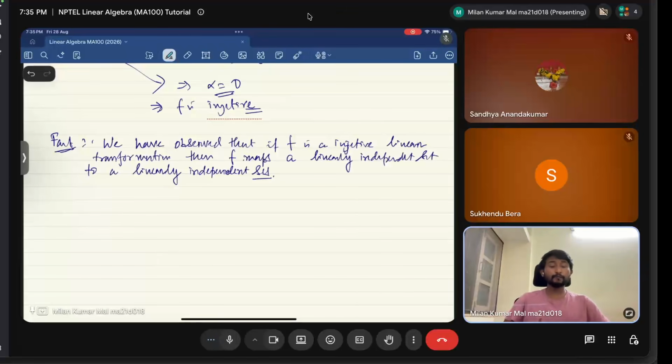But the point is that if we have a map f that sends every linearly independent set to a linearly independent set, then that function has to be injective.